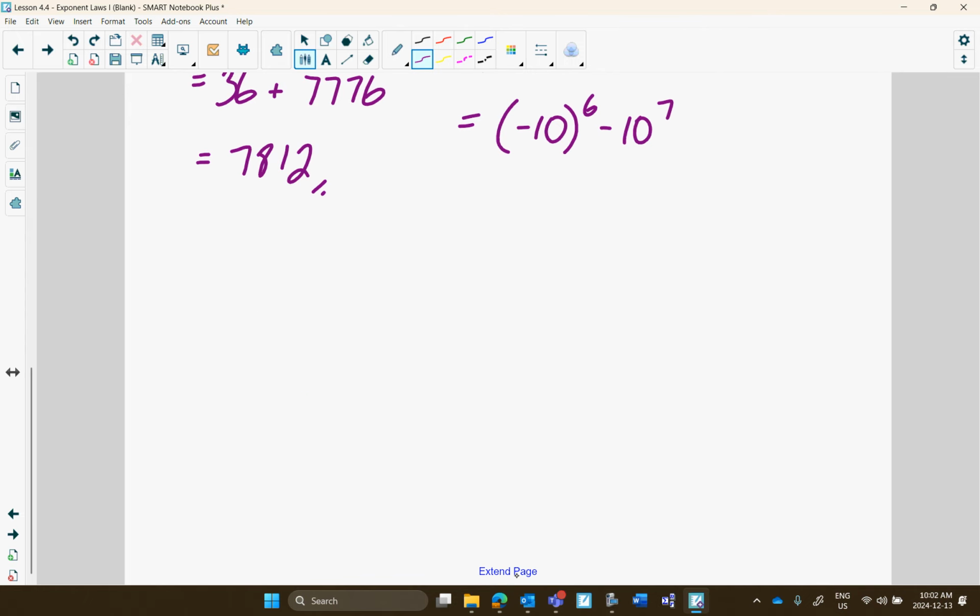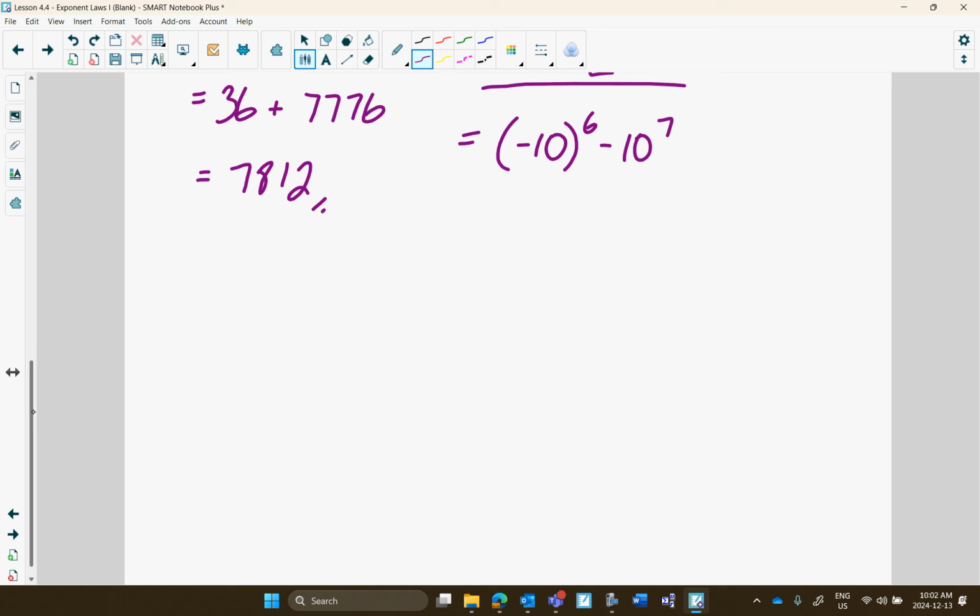Or if you remember your powers of 10, isn't this going to be positive because I'm multiplying 6 times? And isn't it going to be a 1 with how many zeros? So this is going to be 1 million. And it's positive because 6 negatives multiplied by each other is positive.